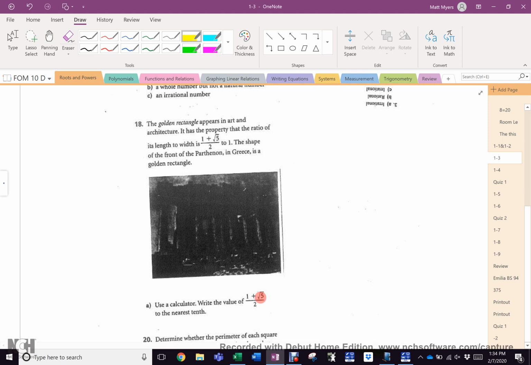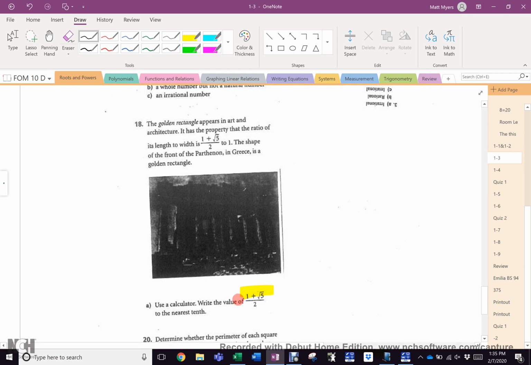So to do this on your calculator, you have to remember BEDMAS, yes? And what this is saying is that entire expression is then divided by 2. So how do I tell my calculator to do that part first? I have to put brackets in it.